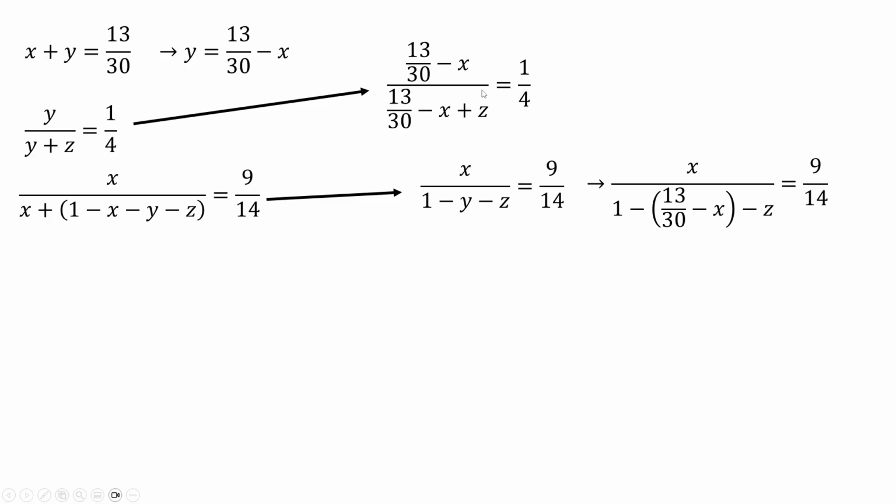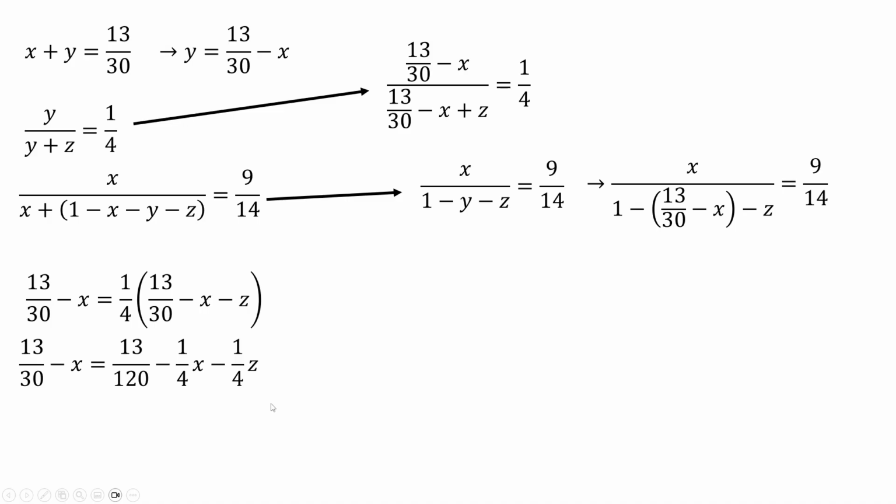Okay, so we need to solve these two simultaneously now, because we've just got 2 equations in terms of 2 variables, x and z. So we'll rearrange one of them for an x or a z. So let's say we rearrange this one. We'll multiply out by the denominator on both sides to get this. Okay, and we'll just expand, so quarter times this minus x minus z to get us that.